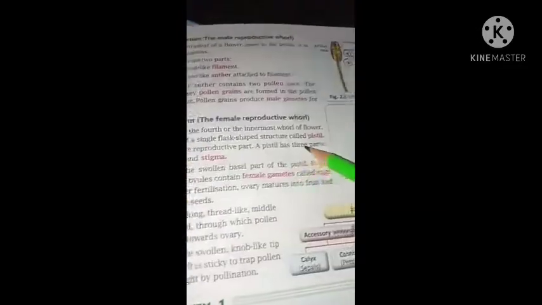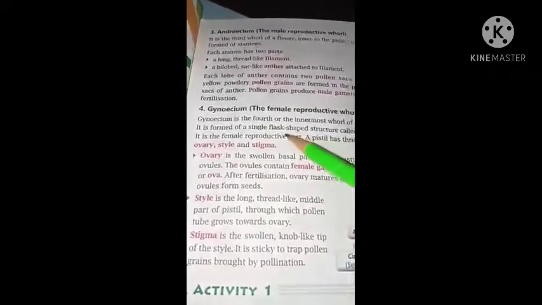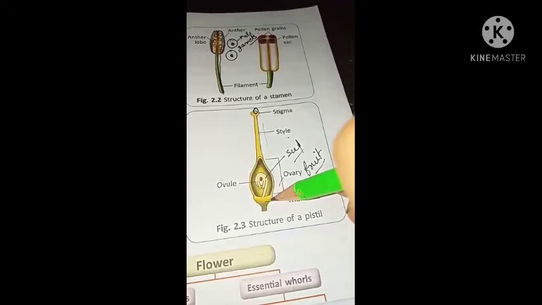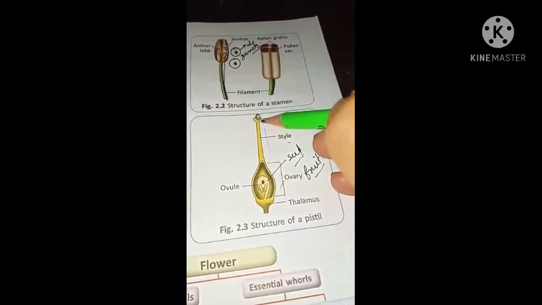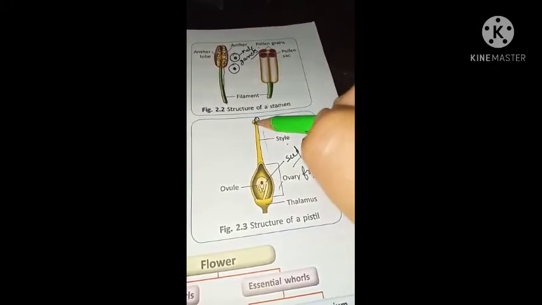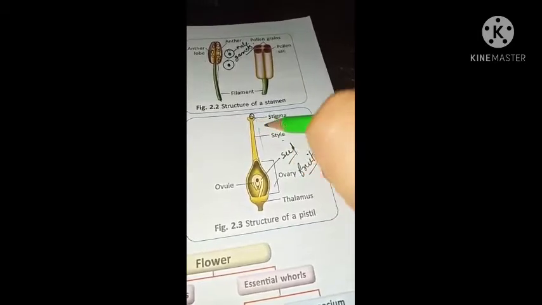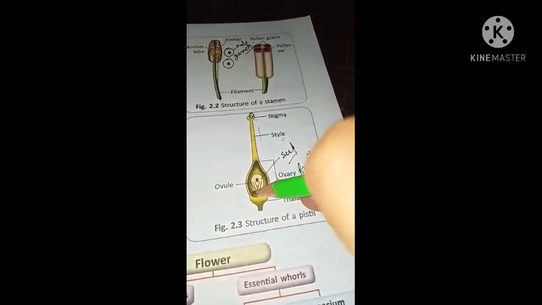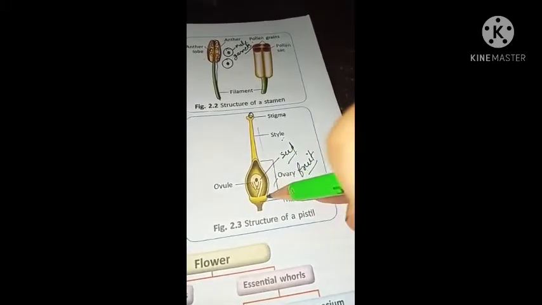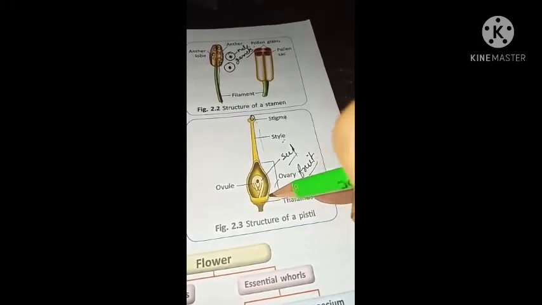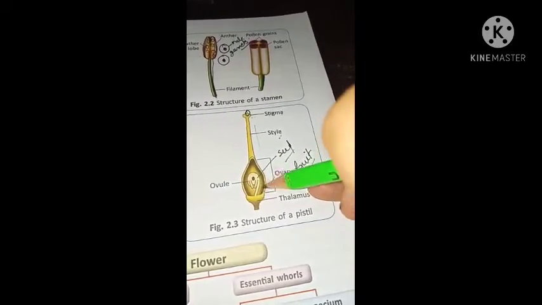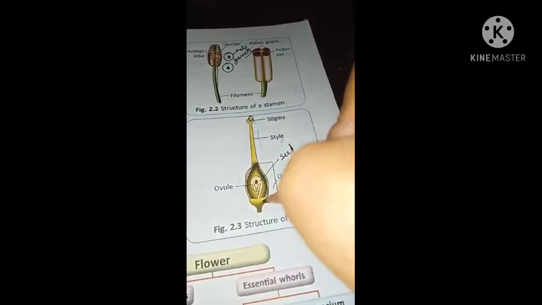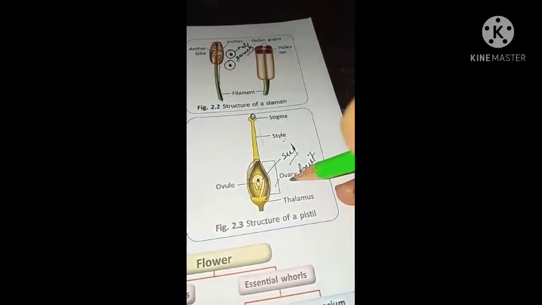Okay, and each unit of gynoecium is called a pistil. Pistil is formed of mainly three parts. The tip of the pistil is called stigma. In the center there is the style, and downside, the more developed part, is the ovary. This flask-like structure is called ovary.